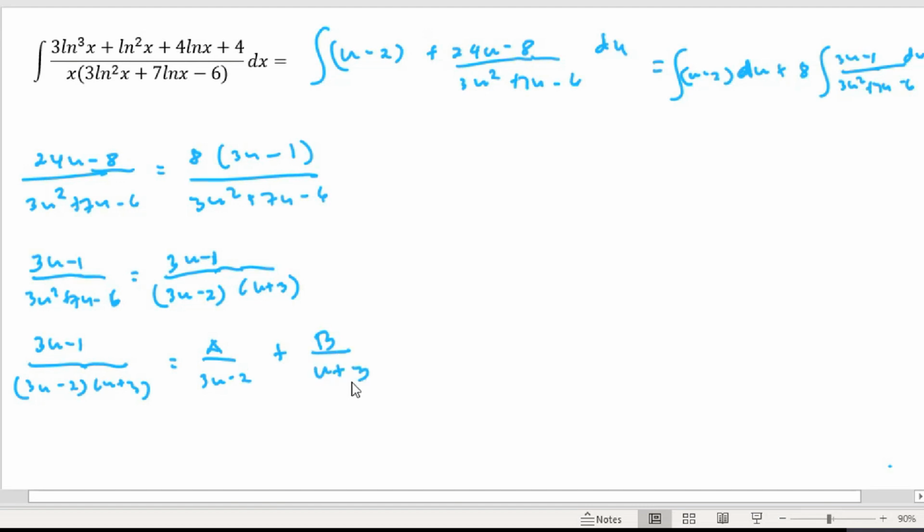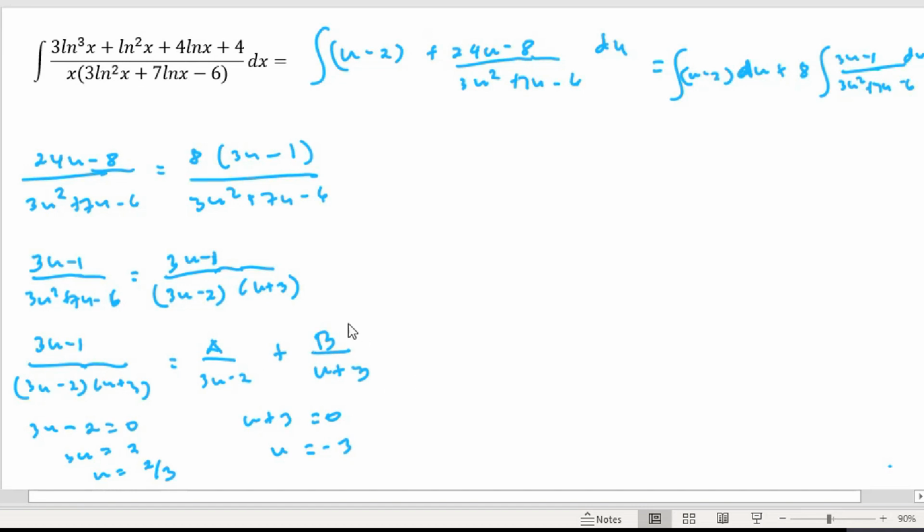Now, since the denominators are all linear, we can equate each to 0 to solve for the value of u. I will start first with 3u minus 2 equal to 0. Therefore, 3u is equal to 2, and u equals 2 thirds. On the other side, u plus 3 is equal to 0, and u is equal to negative 3.